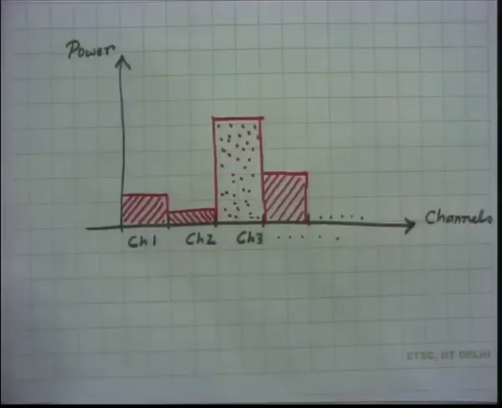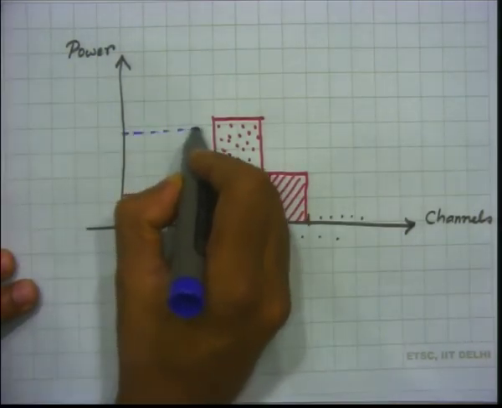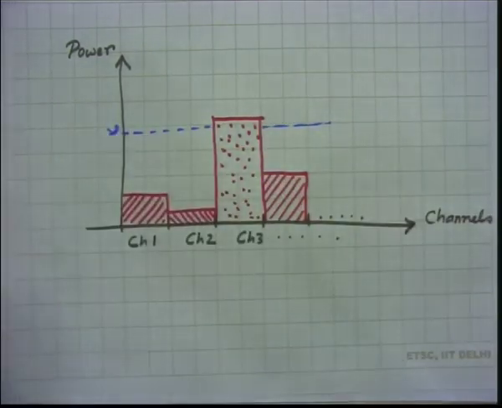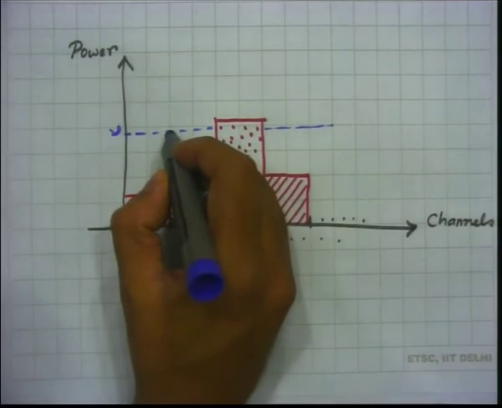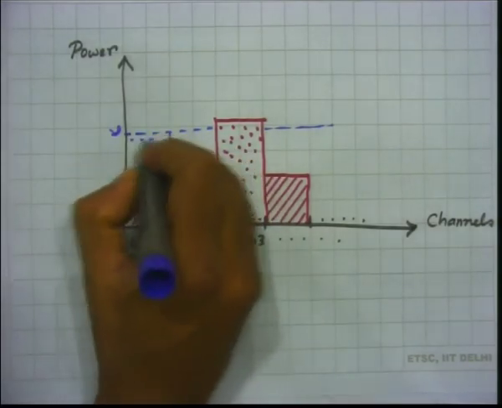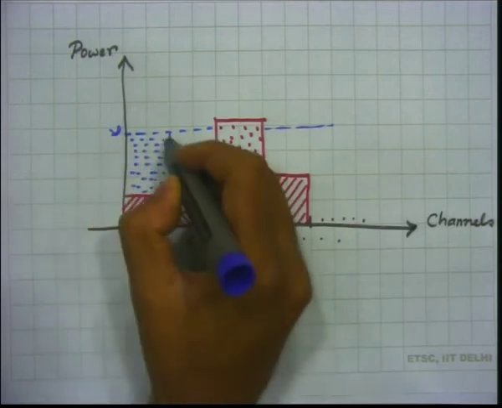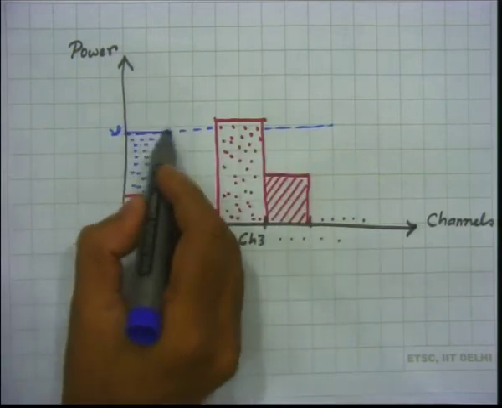And the water pouring algorithm, if you go back to our original drawing, we had this choice, and suppose we have a total given transmit power which is limited by some quantity. So, it tells me channel 1 should be allocated this much of power.